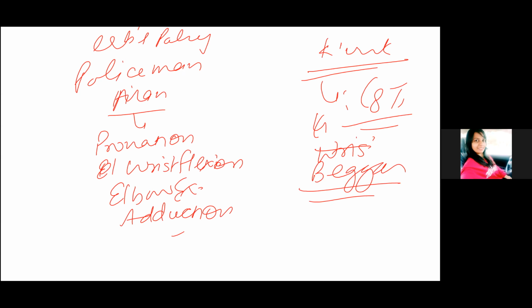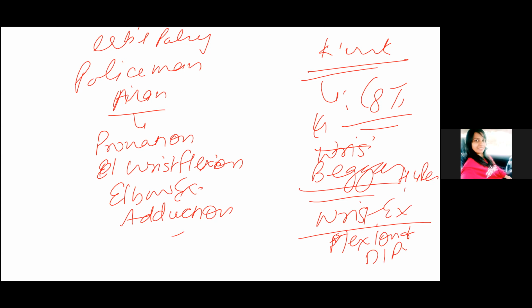That is, we have wrist extension and we have flexion at the PIP and DIP and hyperextension at the metacarpophalangeal joints. So my next topic is DDH.